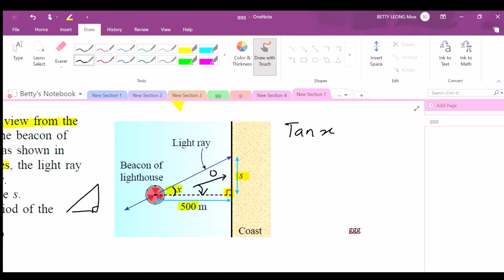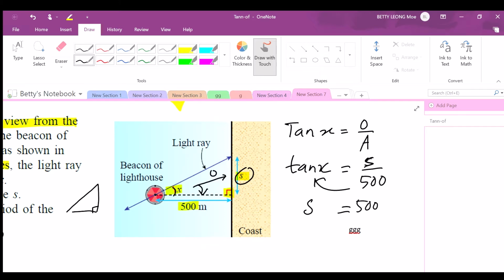Tangent x equals opposite over adjacent, so tangent x will be s over 500. Now you find your s. S equals 500 tangent x.